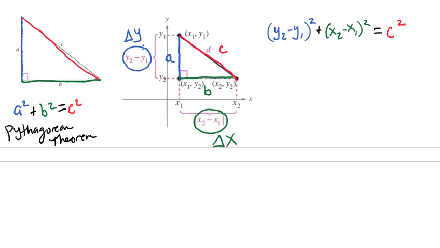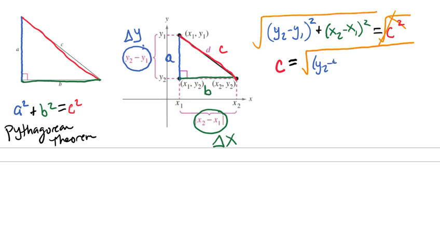So if I want to know what is the value of just c, what is the distance of just c, then I would need to square root both sides so I can get that c by itself, which would give me c equals the square root of y2 minus y1 quantity squared plus x2 minus x1 quantity squared.